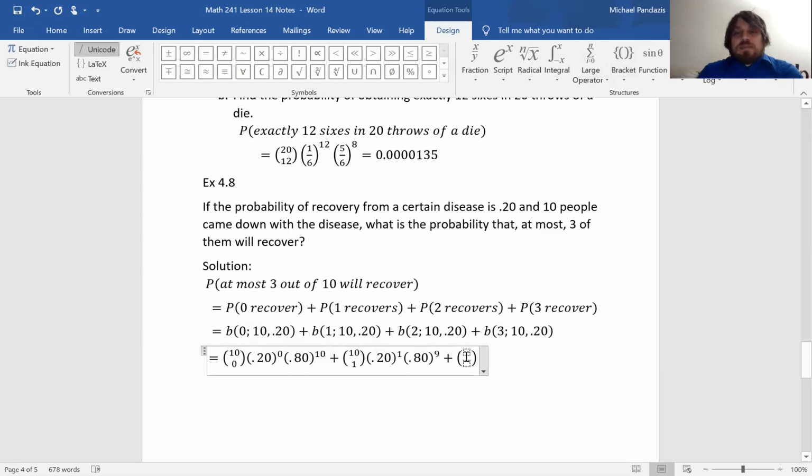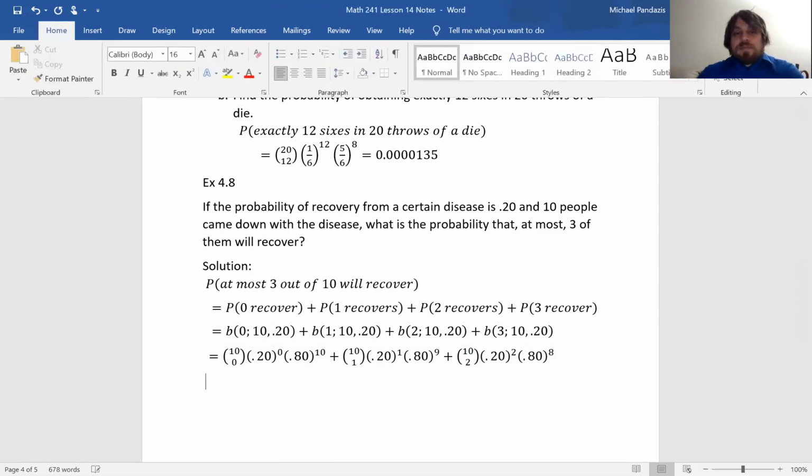and then plus, now again, you have 10 choose 2, times 0.20 raised to the 2nd power times 0.80 raised to the 8th power. That's for B of 2, 10, 0.20. Okay, I'm going to finish up this lesson quickly.